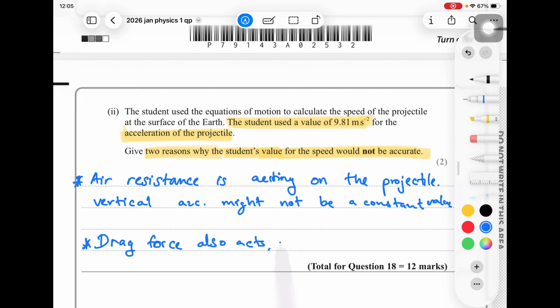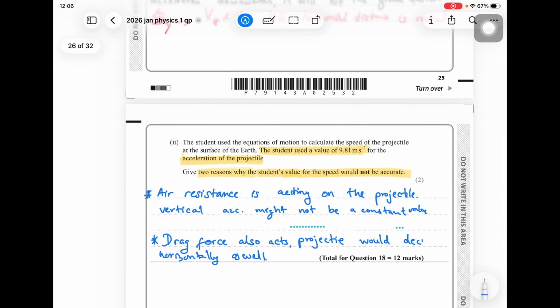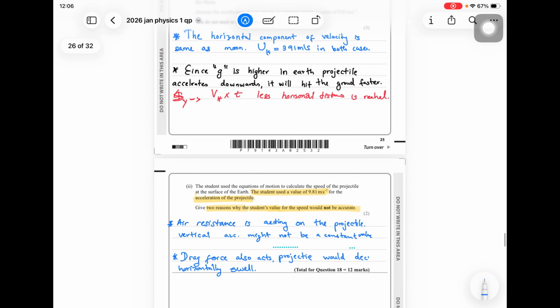Even the projectile would decelerate horizontally as well. So these are quite explanative. So this is how you say it.